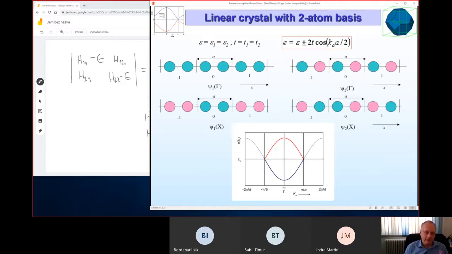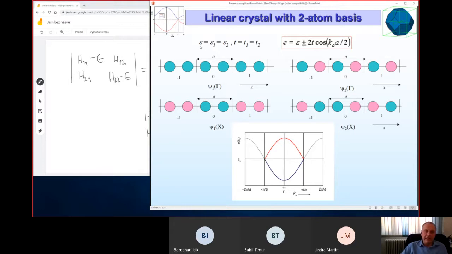But let's continue with the simple linear crystal, but now let's consider two atomic bases, or diatomic bases, which means that we have a doubled unit cell and we have two atoms and two orbitals within a given unit cell.